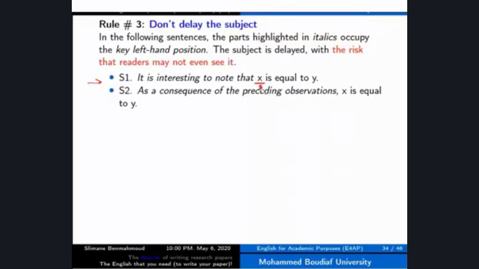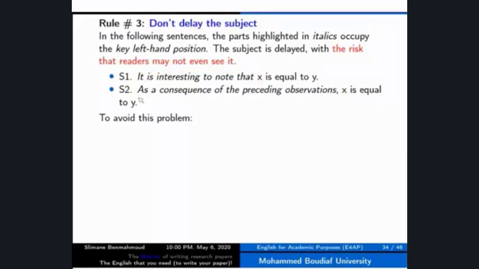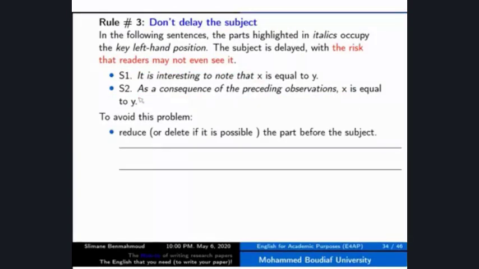X here is the subject. It is delayed all this way. Well, the second sentence, as a consequence of preceding observation, x is equal to y. This is the subject. It is delayed all this way. So to avoid this problem, we have either to reduce or delete, if it is possible, the part before the subject.